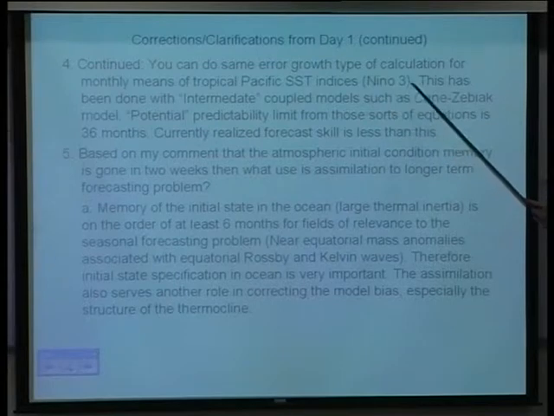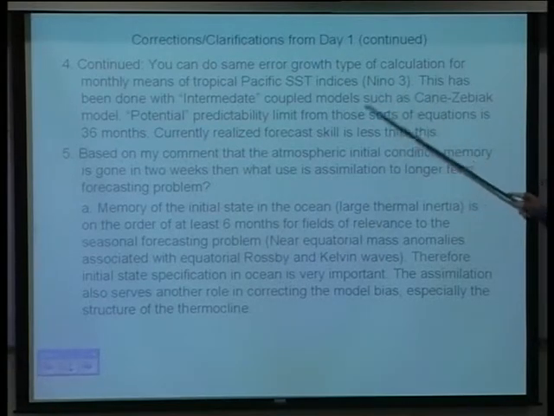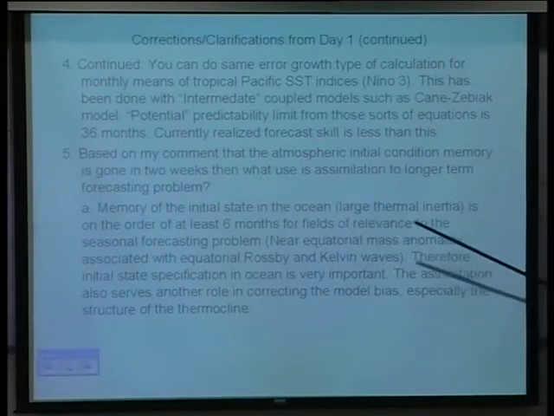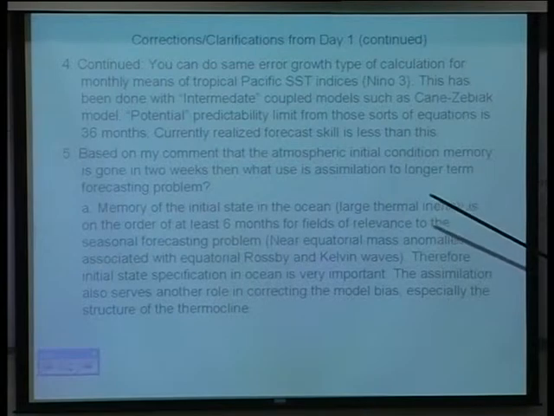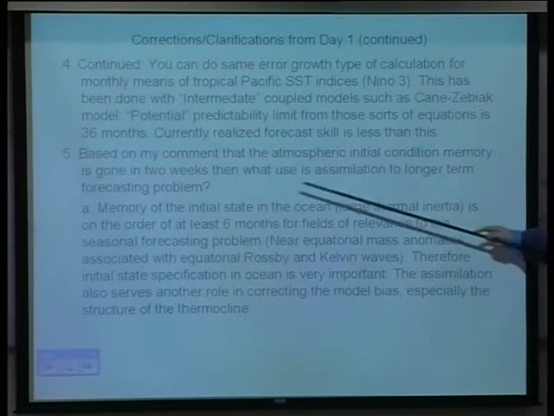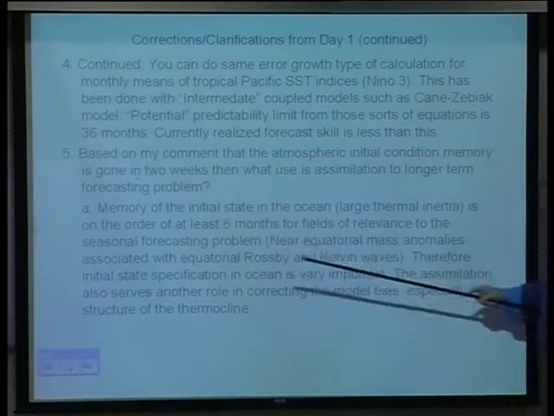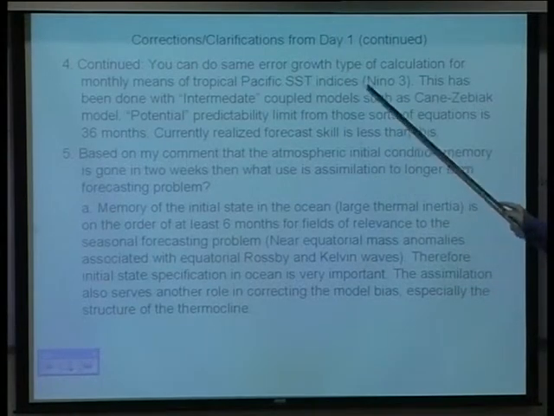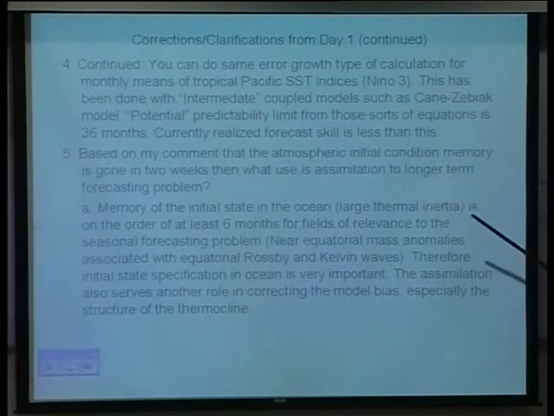Niño 3 is the SST average in the Central and Eastern Pacific, and if you do this same sort of calculation, you get an upper bound of skill of 36 months. But again, realistically, you're looking at 6. Maybe some people would argue you're at 8 months of skill. But again, 36 months would be the potential predictability in a Lorenzian type of error growth calculation for this particular model. No one's really done it with more sophisticated models.